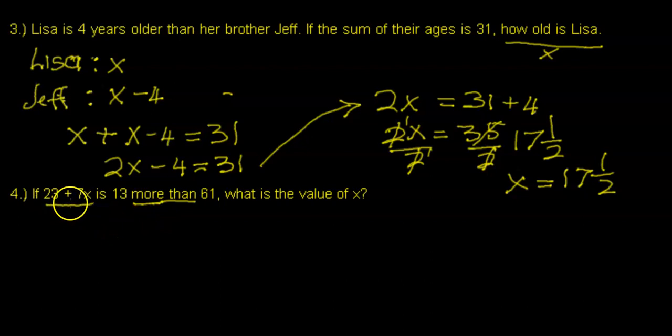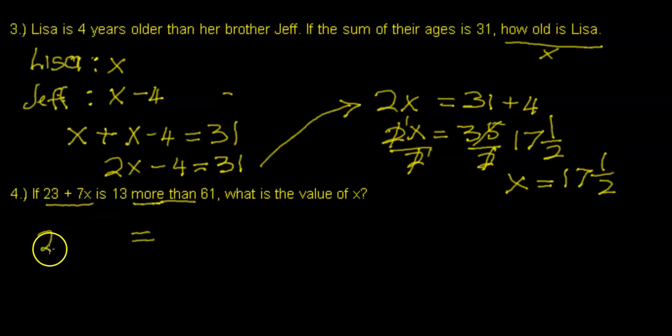So if 23 plus 7x is 13 more than 61, what does it mean? That's the first question we need to ask ourselves. How can we get our equal to sign in there? The only way we can do that is, it means if 23 plus 7x is more than 61 by 13, then if we subtract 13 from 23 plus 7x, we're going to end up with 61.